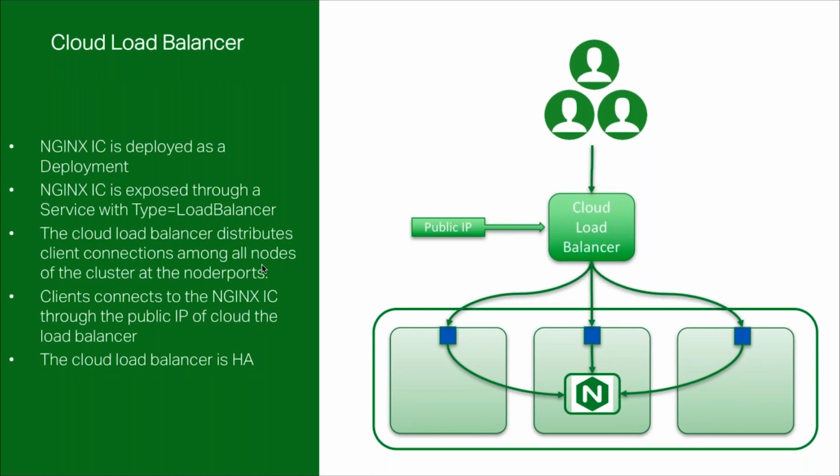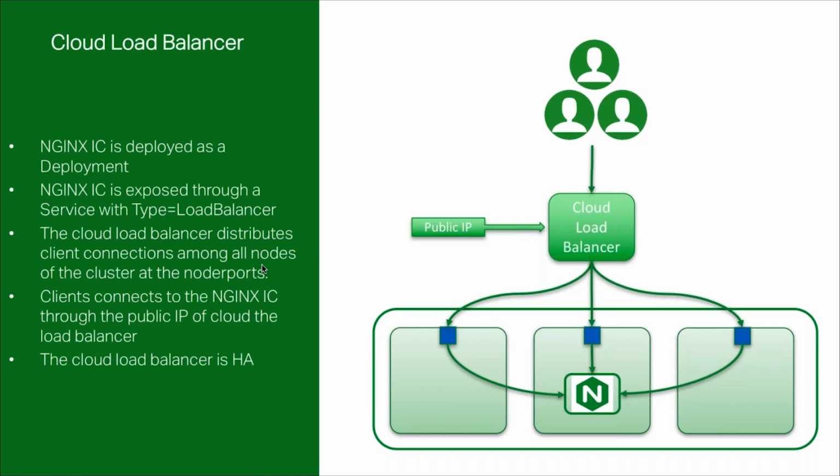For Kubernetes clusters deployed in the cloud, you can expose the Ingress controller through a cloud load balancer. This option is very similar to the previous option for on-premises clusters. However, in this case, instead of deploying and configuring a basic TCP load balancer by yourself, you let Kubernetes allocate and configure a load balancer for you.